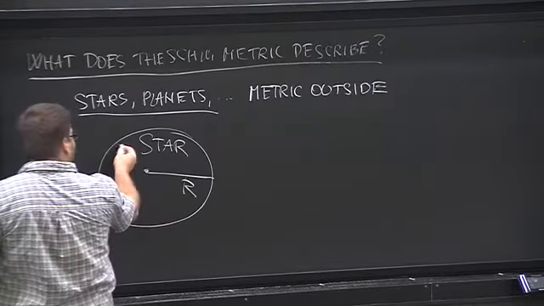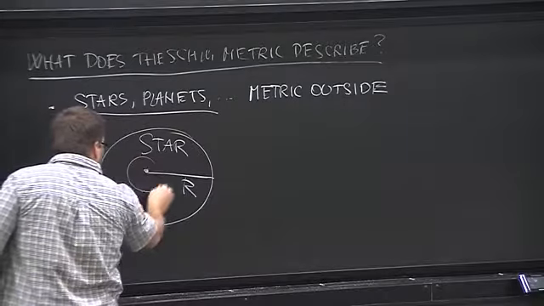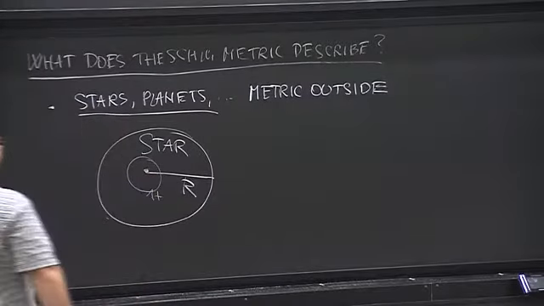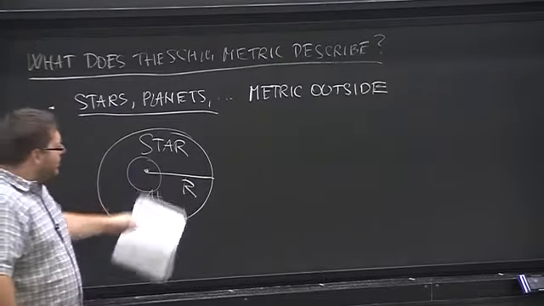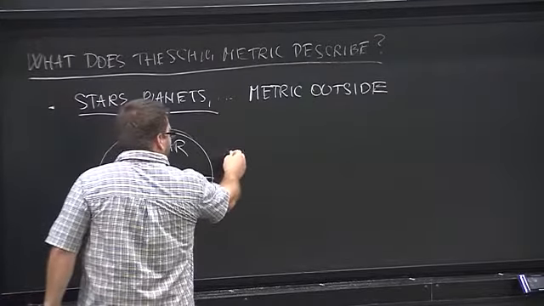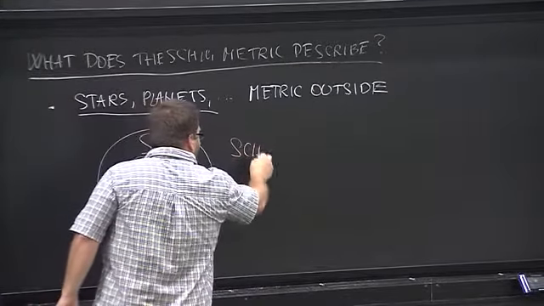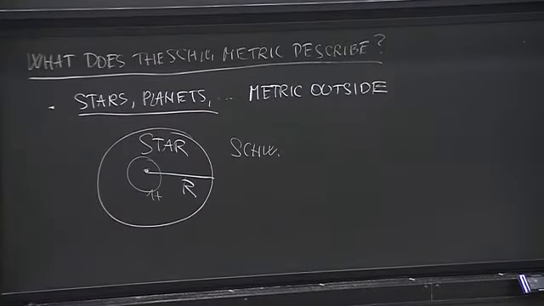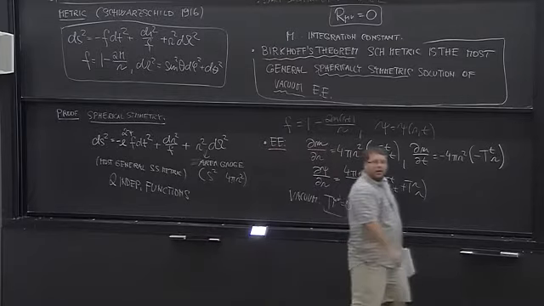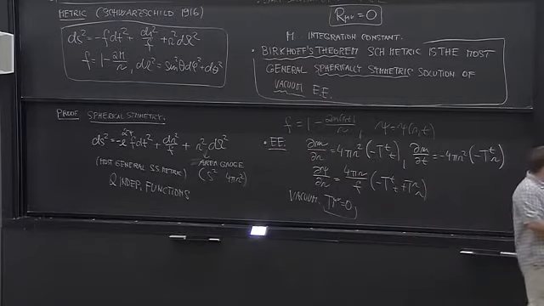So the star has, okay, this will be R plus. So we don't really care about that R plus because it's deep inside the star. But if the star is really spherically symmetric, then outside of the star there is the Schwarzschild solution. We have a spherically symmetric vacuum solution. There is no matter outside of the star, and so outside we have Schwarzschild.